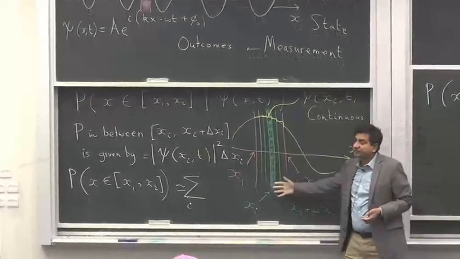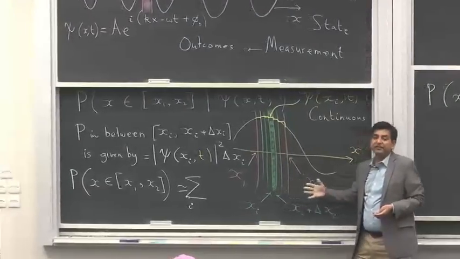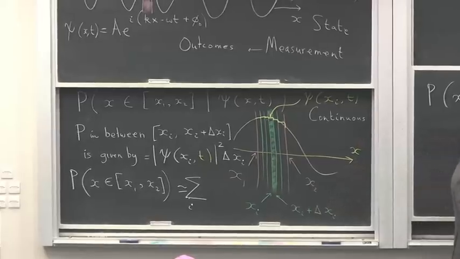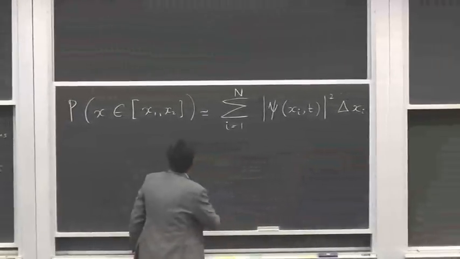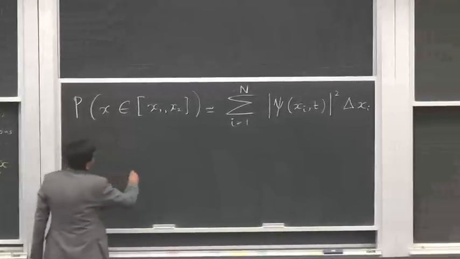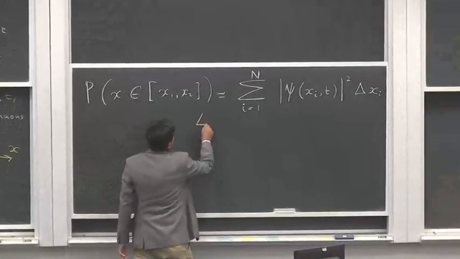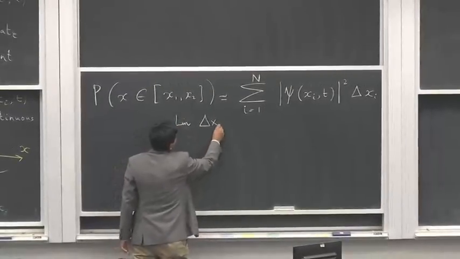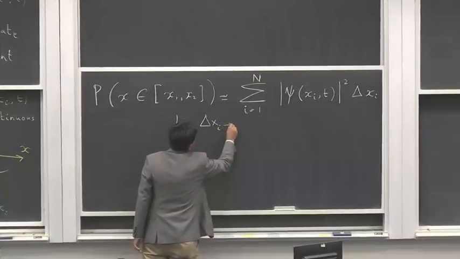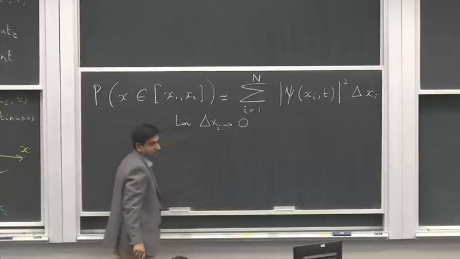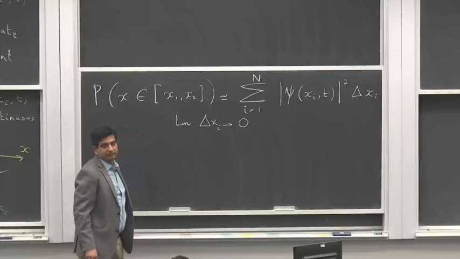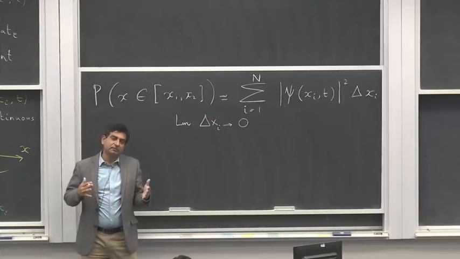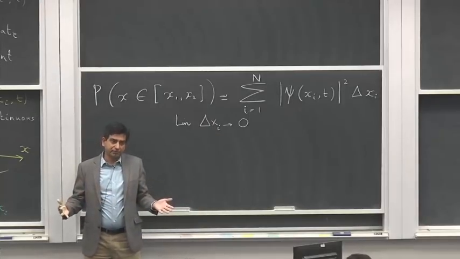So I can make the resolution of my instrument finer and finer. If I take the limit that delta xi, each one of them, goes to 0, then this approximation will become an exactitude.